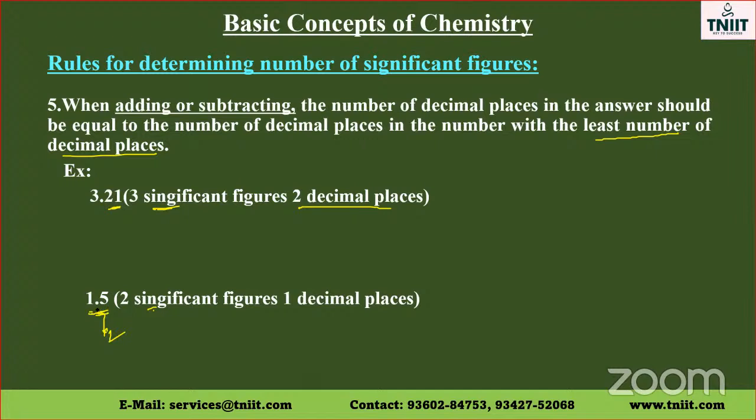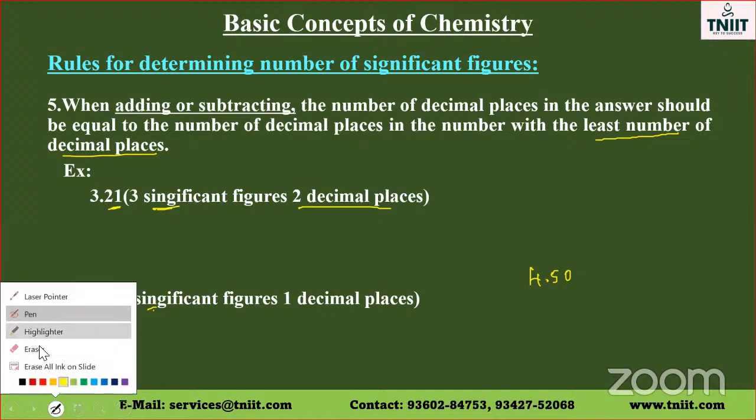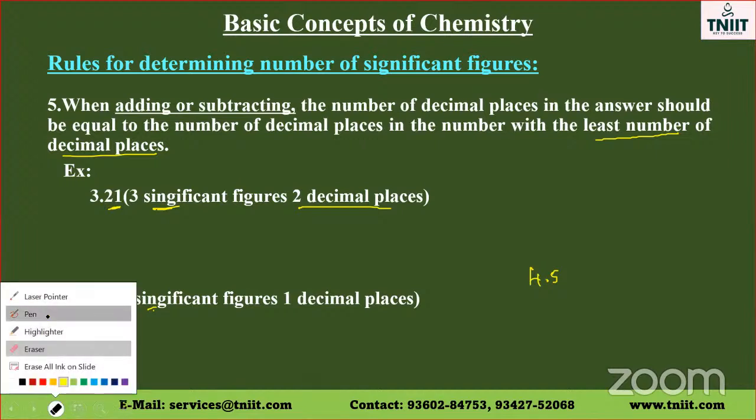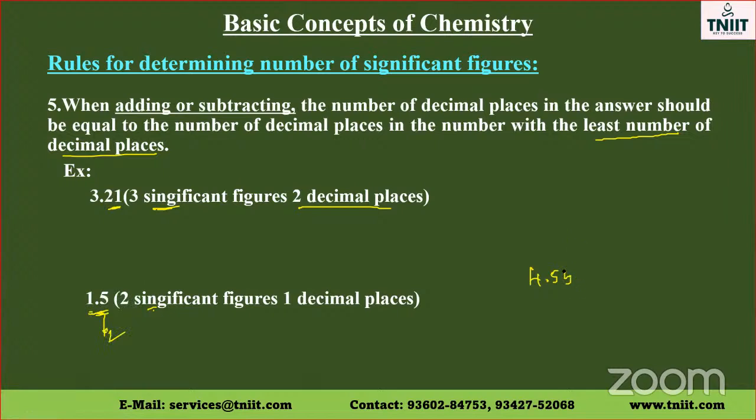When we add, we'll take some examples and we'll understand. Now for an example, maybe we'll write here 4.50, maybe 5. I will take a simple example for understanding, then we'll go for the complex ones. 4.55 is added with 1.4.